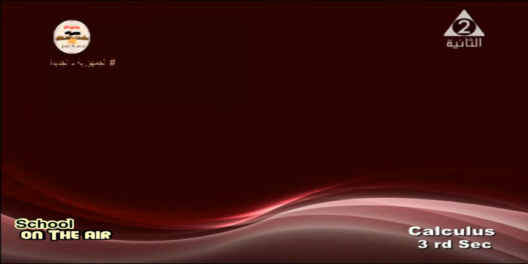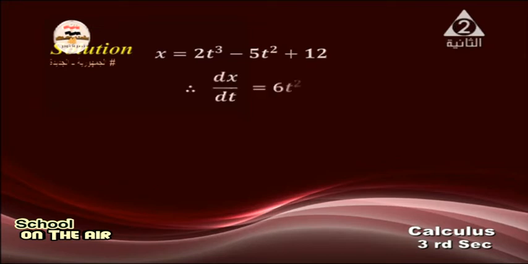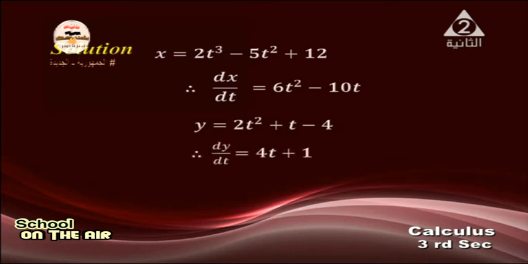Now we have x equals 2t^3 minus 5t^2 plus 12. Then dx/dt equals 6t^2 minus 10t. And we have y equals 2t^2 plus t minus 4. Then dy/dt equals 4t plus 1.